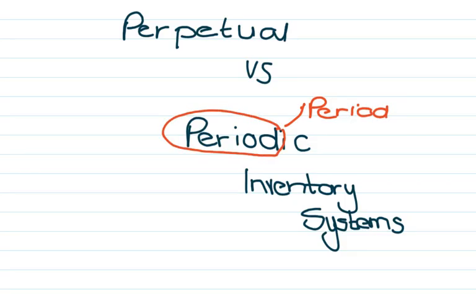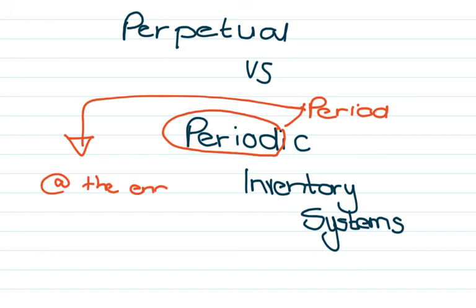So this means with this system, the accountant or the business will only, at the end of the period, do a calculation of cost of sales. So they will normally do a stock count, and then they will calculate cost of sales. So this is only once.